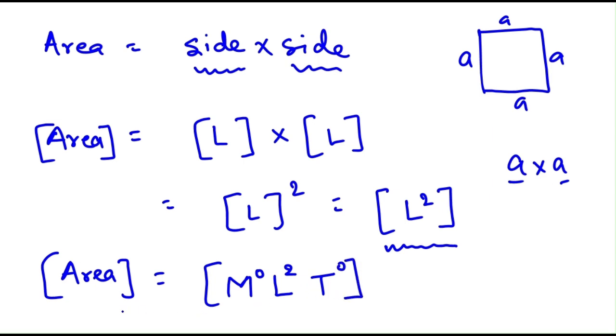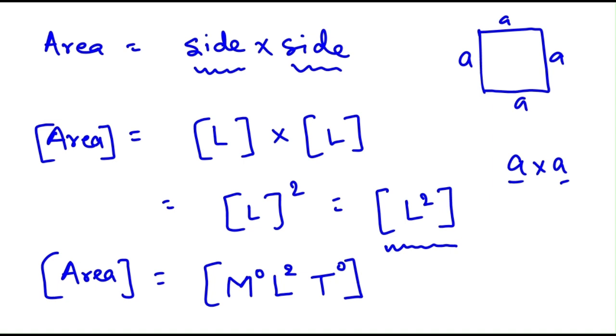This way we can represent it dimensionally. Of course, we can use the remaining basic physical quantities, but we are limiting ourselves to mass, length, and time because most of the quantities in mechanics we can represent with these three things only.